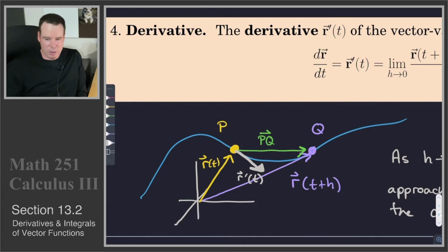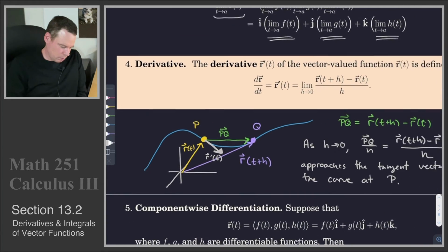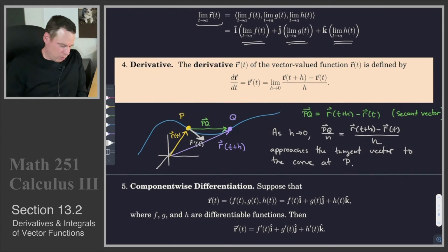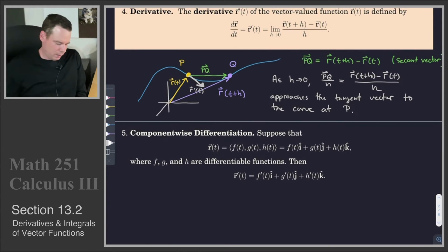As that point Q slides along the curve and gets closer to the point P, the vector from P to Q starts to shrink, but we are looking at a scaled version, division by h, so that as h gets smaller, we're dividing by a really small number, which in some sense keeps this vector at a reasonable length as we let h go to 0. And that green vector then approaches the tangent vector to the curve. So that's our derivative and our geometric interpretation of the derivative as a tangent vector.